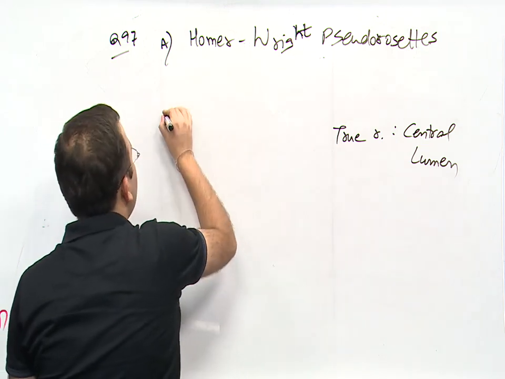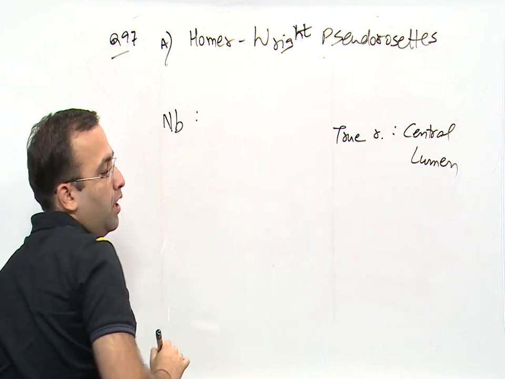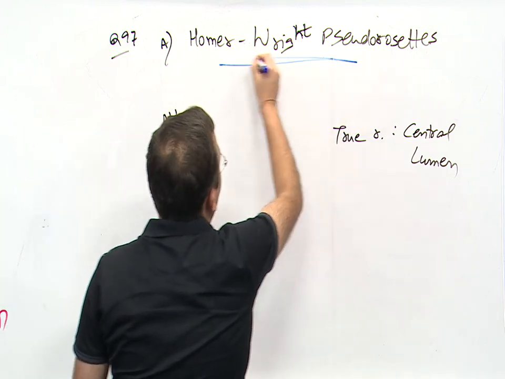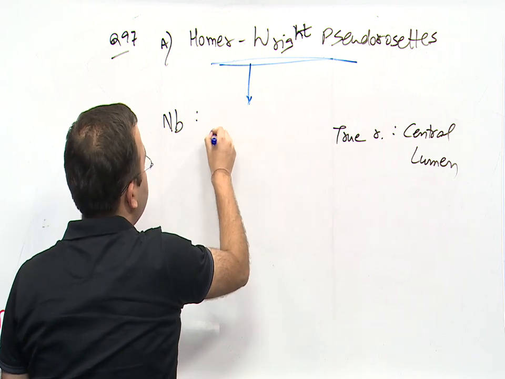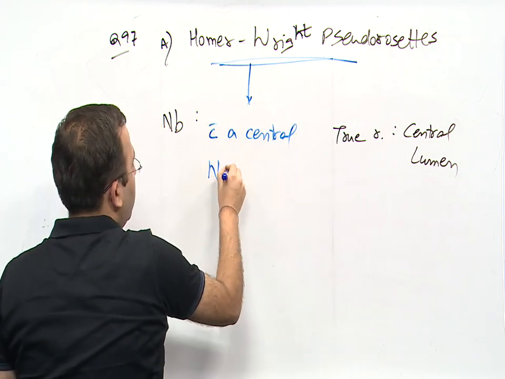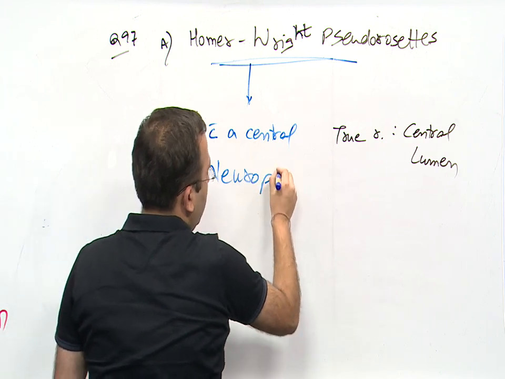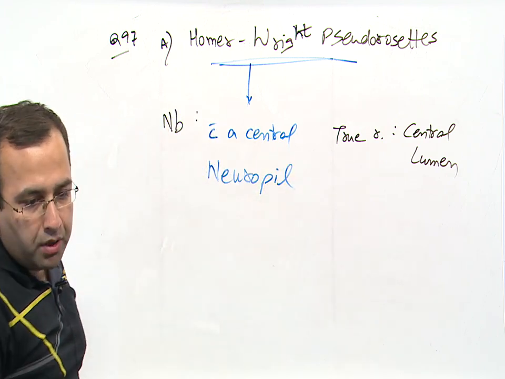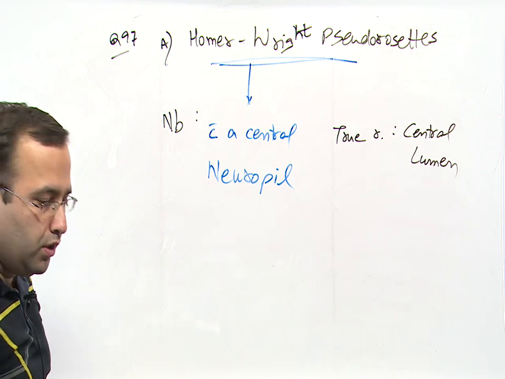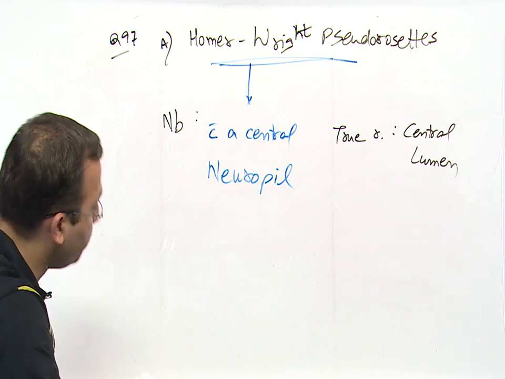So, in neuroblastoma, you have Homer-Wright pseudorosettes with a central neuropil.